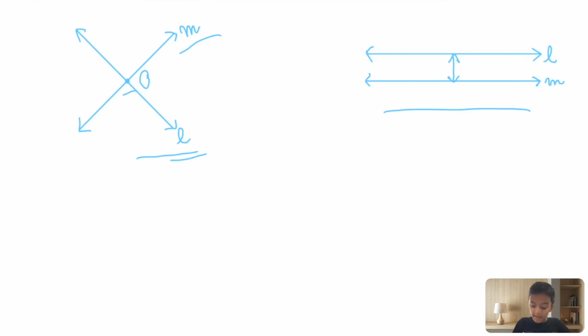Line L parallel to M can be written as L, two standing lines, and M. Here line L parallel to M is the same thing as line M parallel to L.